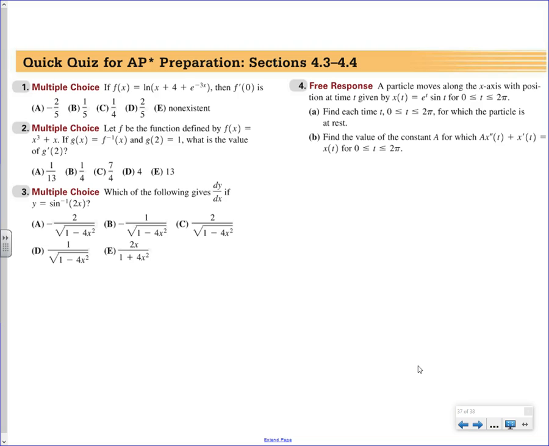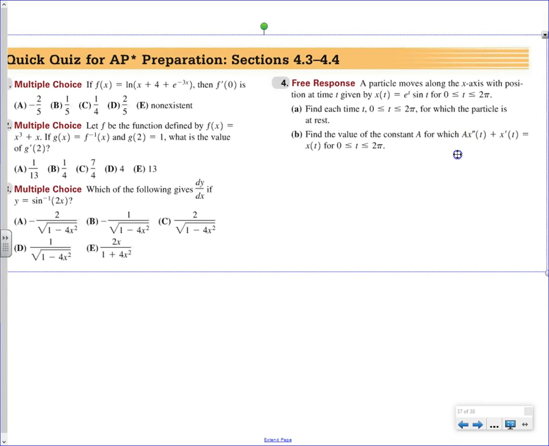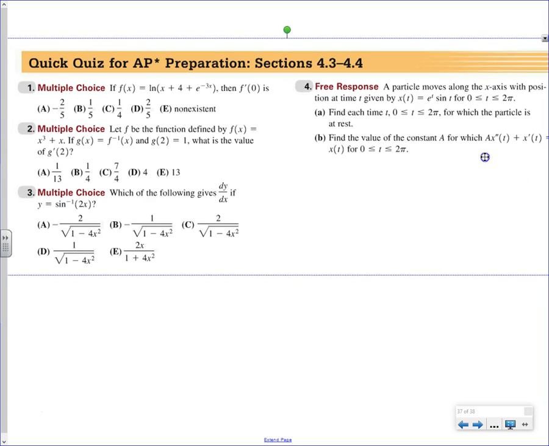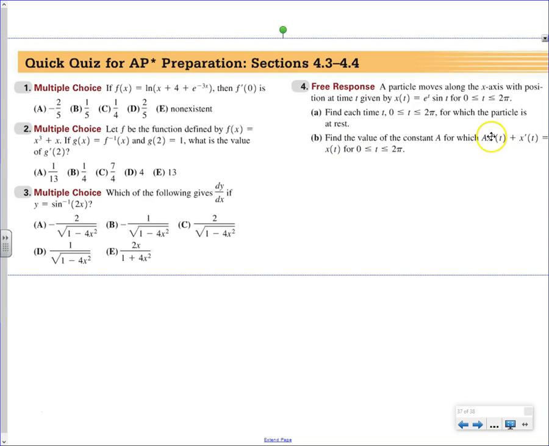Oh, it's missing on the other side. Sorry, guys. Oh, yes, that's why I couldn't do it. Sorry, it equals this. It got cut off. It equals the x of t. The equation is this plus this equals that.